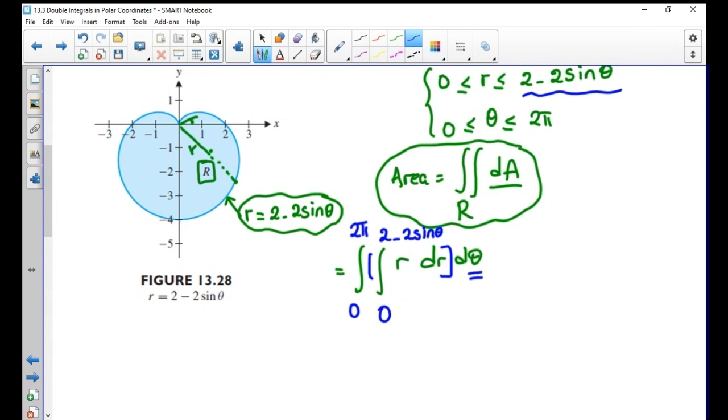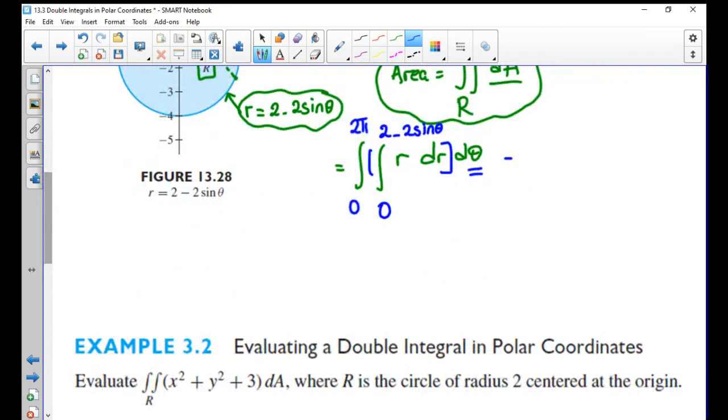And now it's really, I hope, not that difficult to integrate. So let's integrate this. It's going to be 0 to 2 pi.